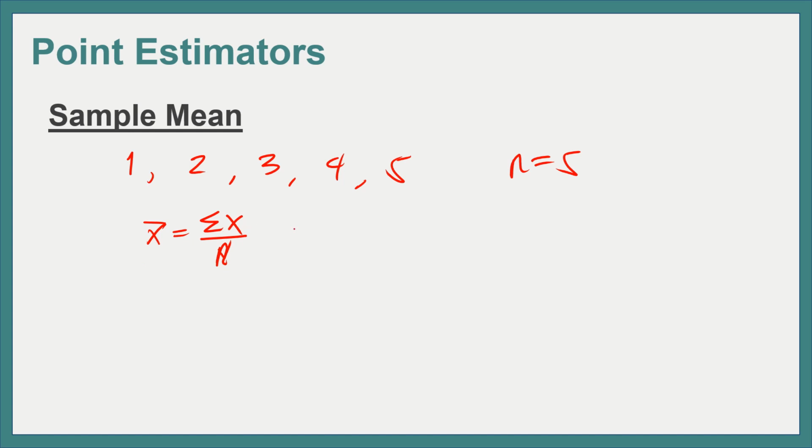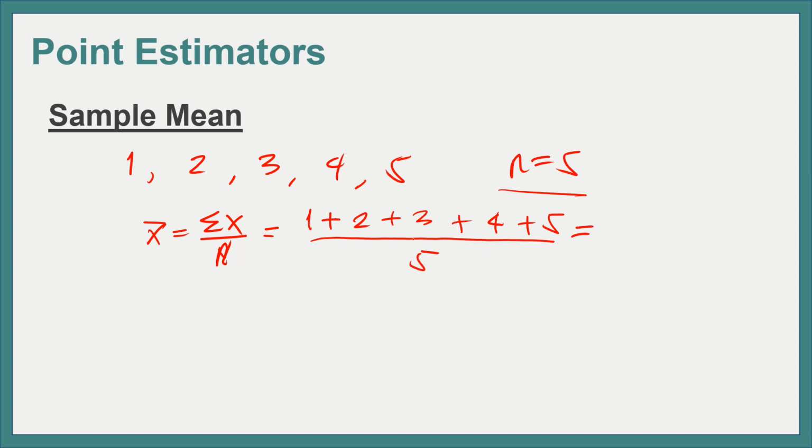So the summation of our individual observations is 1 plus 2 plus 3 plus 4 and then plus 5, which will give us 15, and then the size of the sample is equal to 5. So therefore, 1 plus 2 plus 3 plus 4 plus 5 divided by 5 will give us the value of the sample mean.